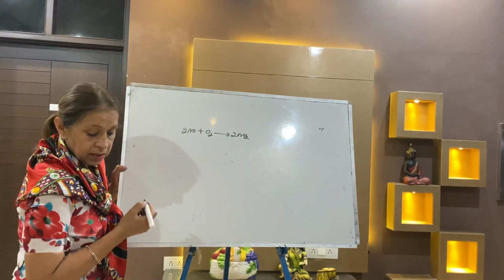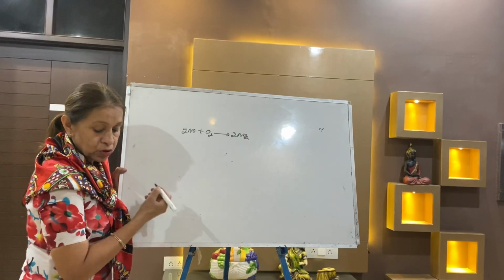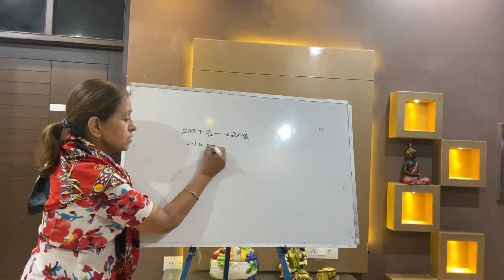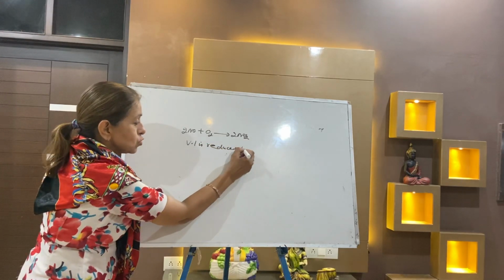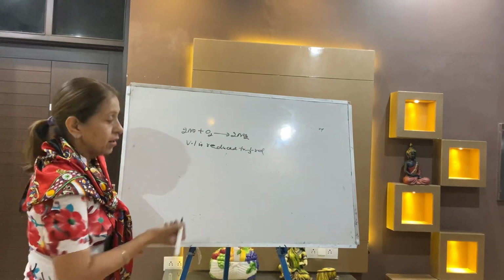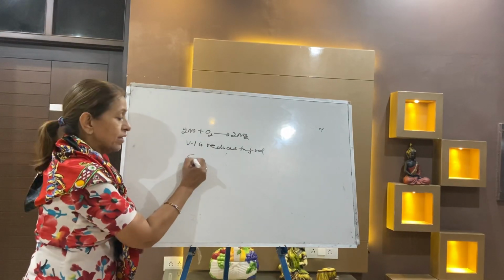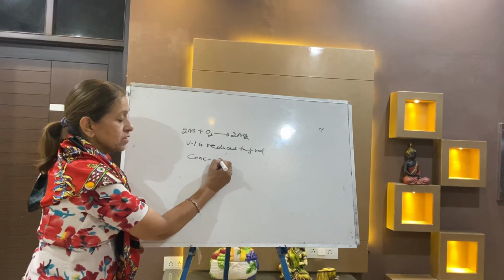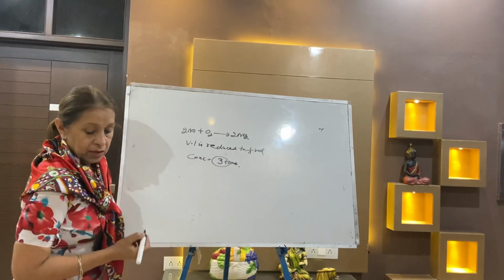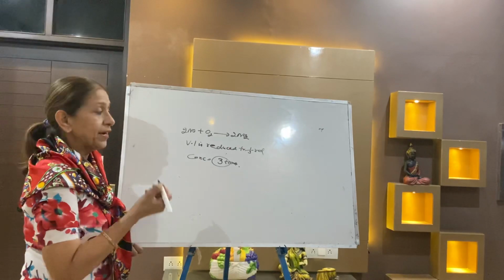If the volume is reduced to 1/3, you know, when the volume is reduced to 1/3, the concentration is increased 3 times. The question is, what is the new rate?